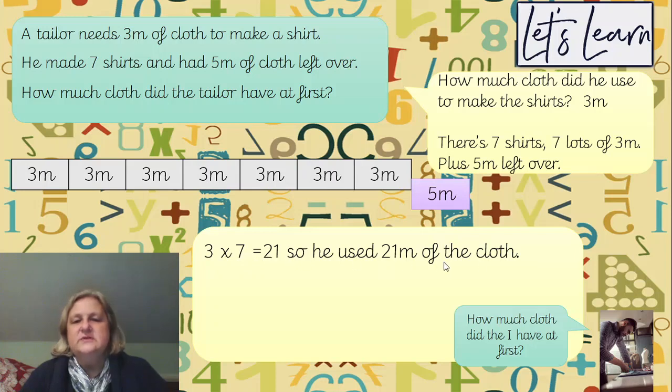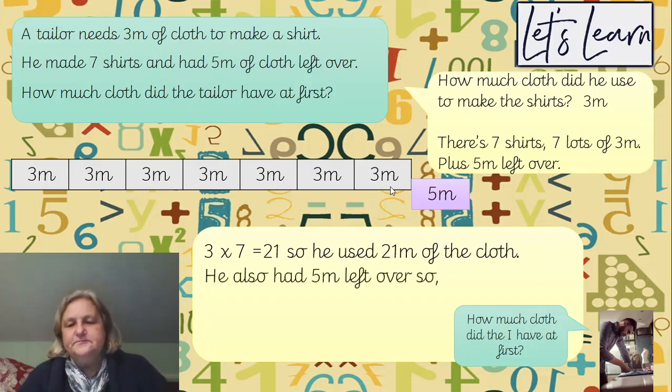So he used 21 metres of cloth. Then he had the 5 metres left over. So we have 21 metres add 5 metres equals 26 metres.